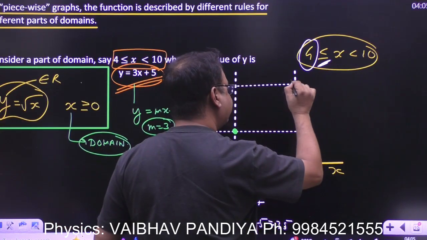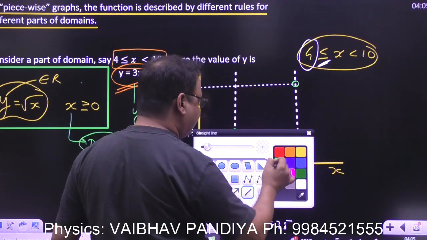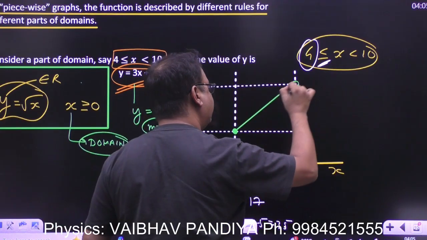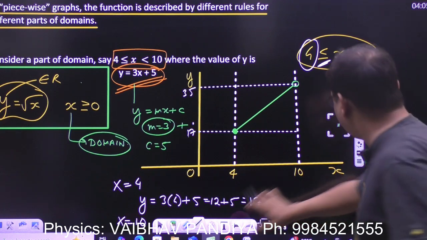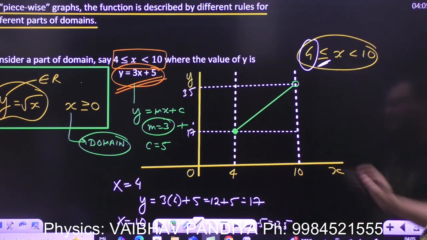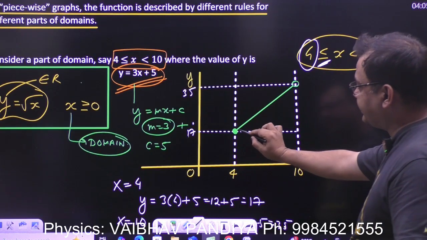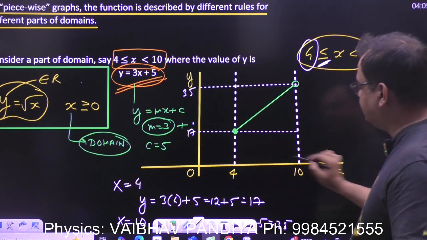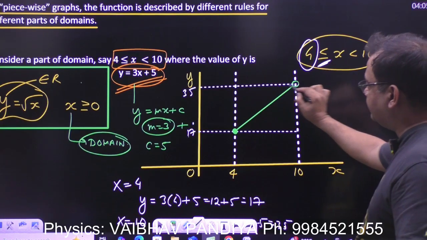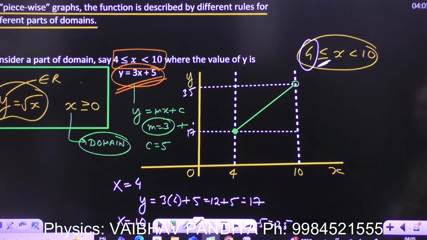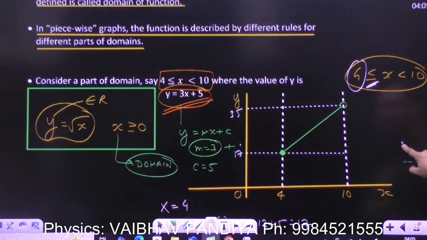The hollow circle is denoting that x equal to 10 is not included in this particular line segment, and your graph will be something like this. Okay, so this is the illustration of making one piecewise graph between 4 and 10. 4 is included, where you are getting the value of y as 17. 10 is excluded, that's why we are making a hollow circle, and here the limiting value of y is 35. Got it? So this will be the skill which we are going to use in plotting the piecewise graphs.